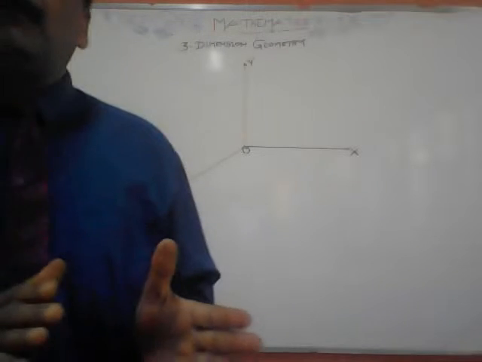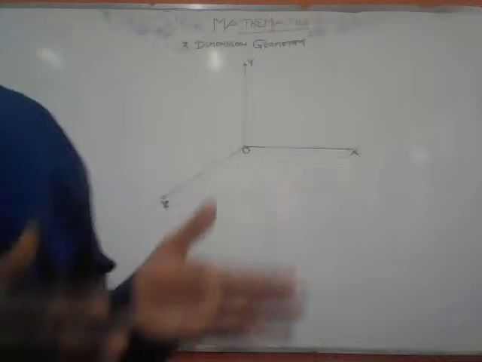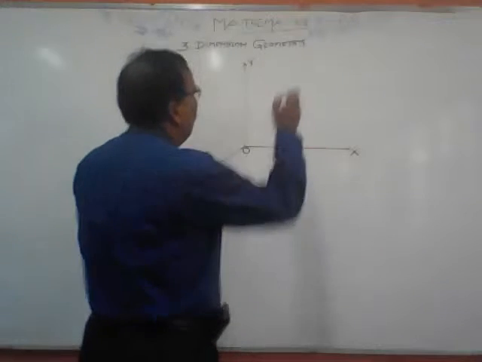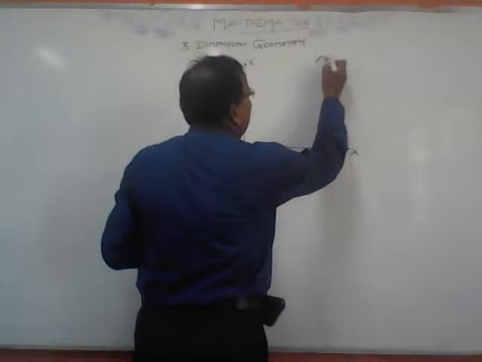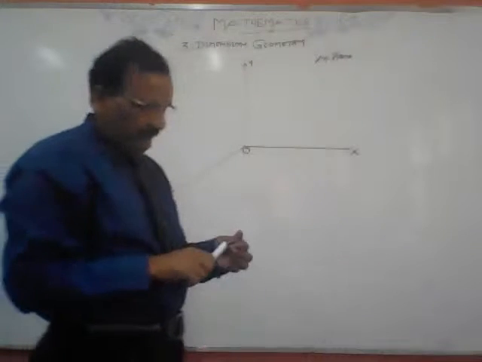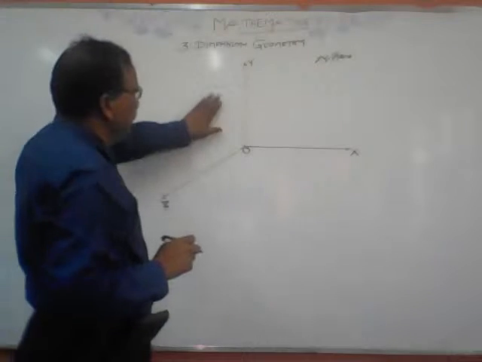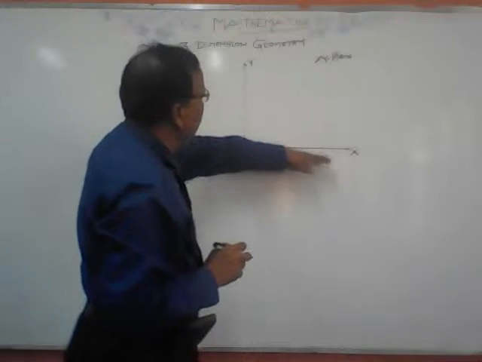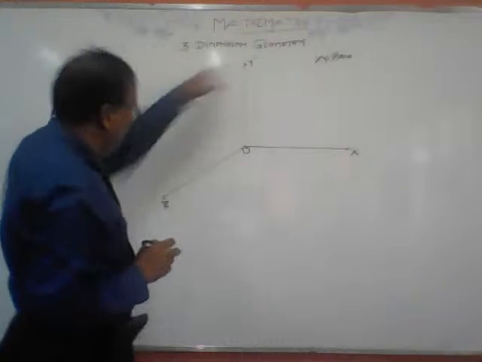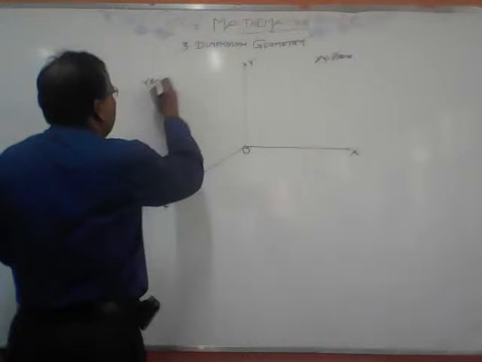The plane formed with the help of the X and Y axes is called the XY plane. Similarly, this is the Y and Z, so this plane is known as the YZ plane.